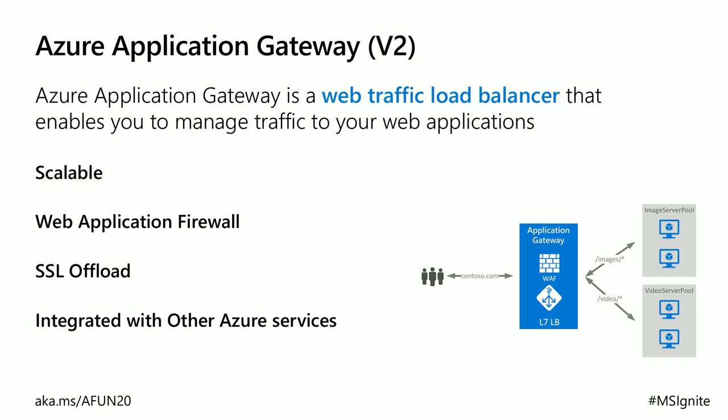It automatically includes a web application firewall and firewall rules. It includes SSL offloading, which is great because SSL traffic can slow down networks, so it offloads that so you don't have to worry about it slowing down your operations. It's also integrated with other Azure services.